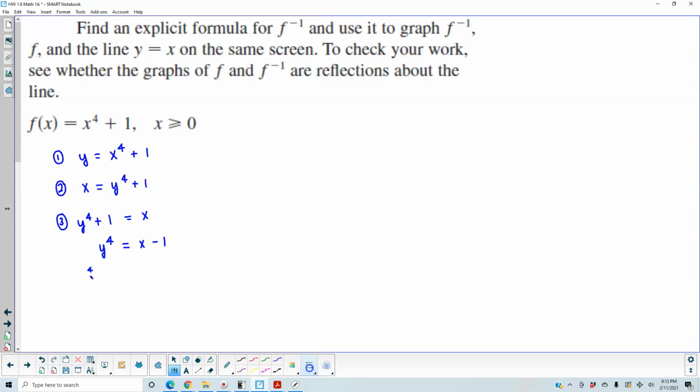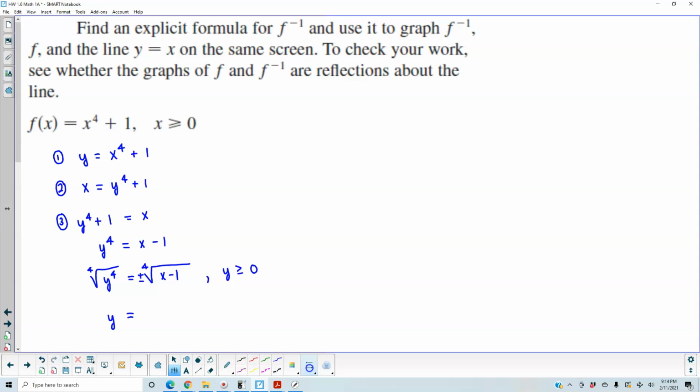And then we're going to take the fourth root on both sides. Now remember, this is a plus or minus, and so we know that this means that y has to be greater than or equal to 0.